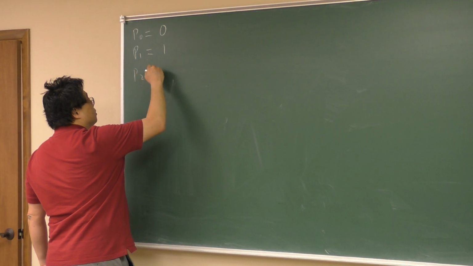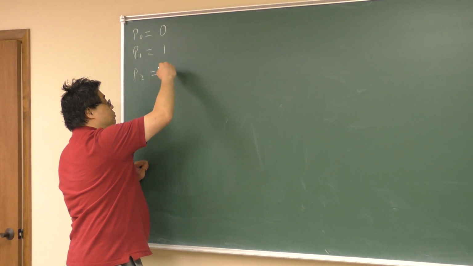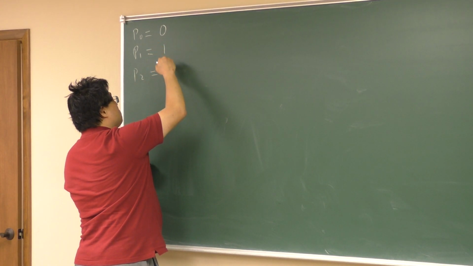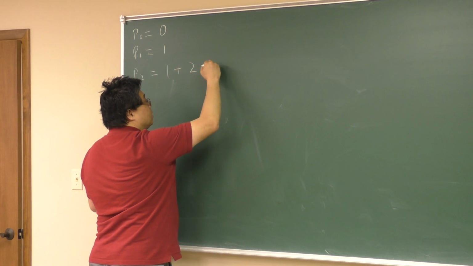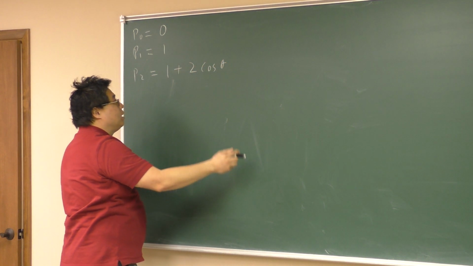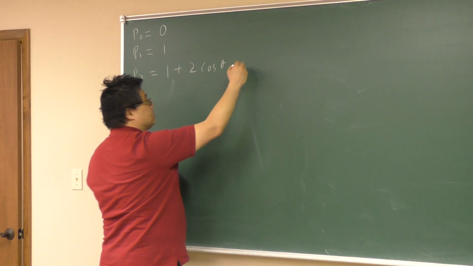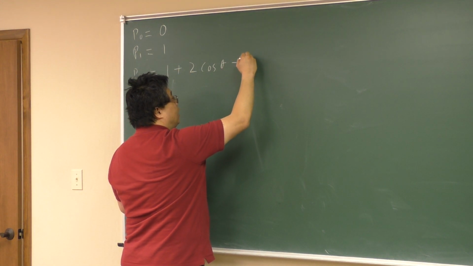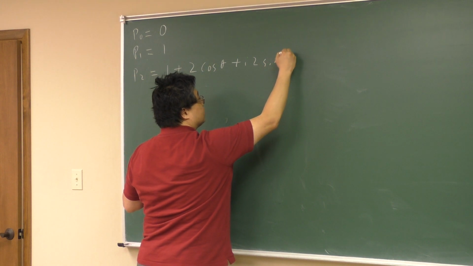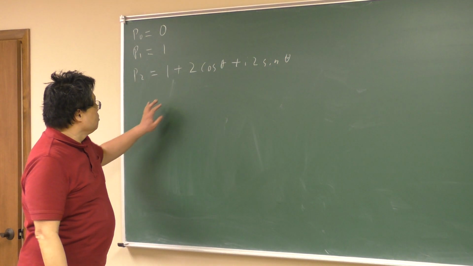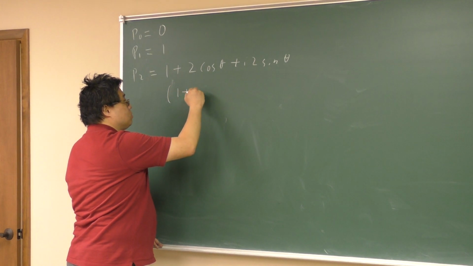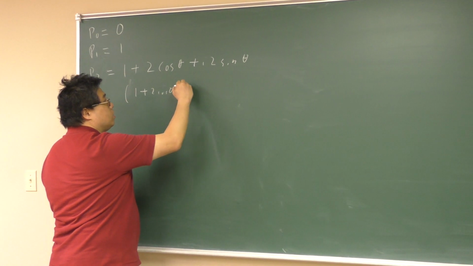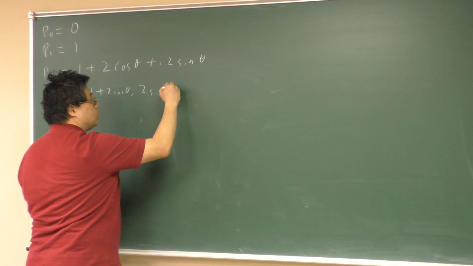P of 2, which was this point, 1 plus 2 times cosine theta in terms of the x, and then i times 2 sine theta. So in the x and y coordinates, we used to write this as 1 plus 2 cosine theta, 2 sine theta.